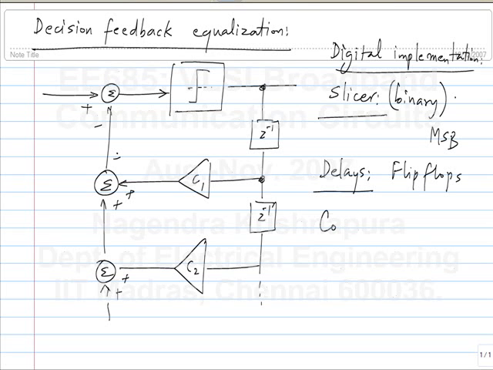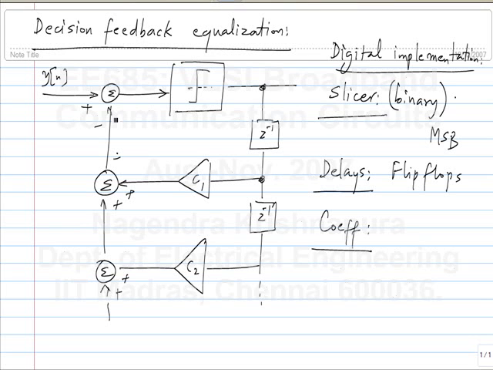Okay. How do you implement the coefficients? It's digital, everything is digital. So y is digital, so what you add to that should also be a digital word. How do you do that? Multiplier, but in case of a binary thing, you basically need a selector, right?